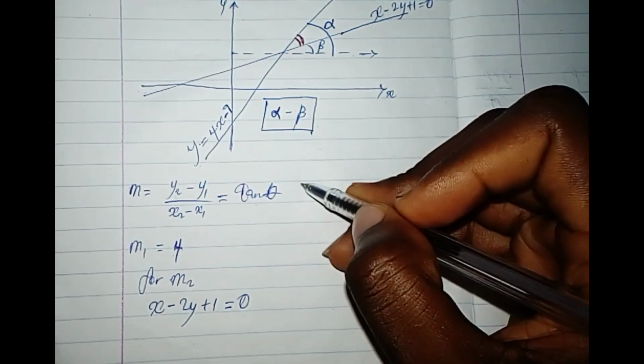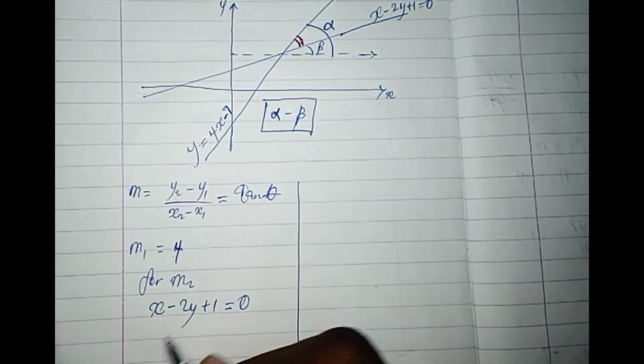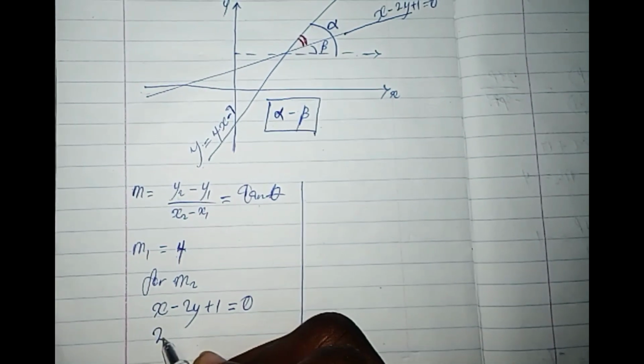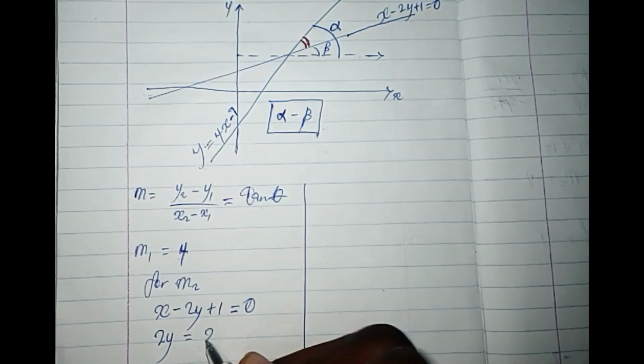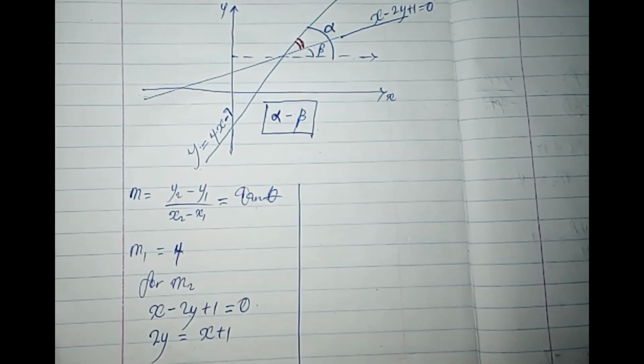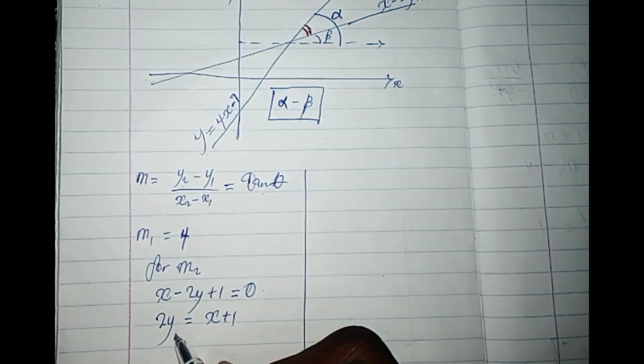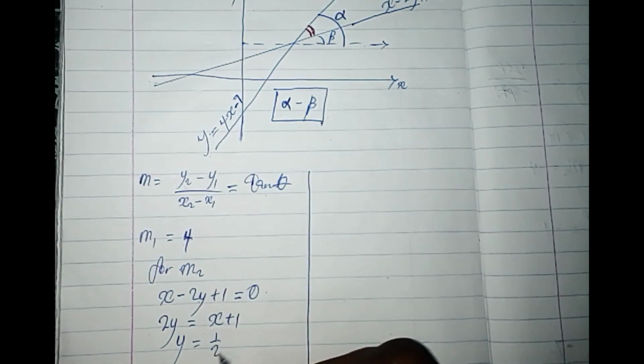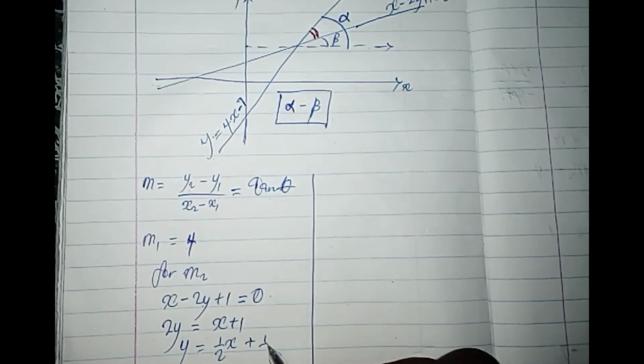Rearranging this, we say 2y is equal to x plus 1, taking this to this place. So we have 2y equals x plus 1. Dividing through by 2, you see y is equal to 1 over 2 x plus 1 over 2.